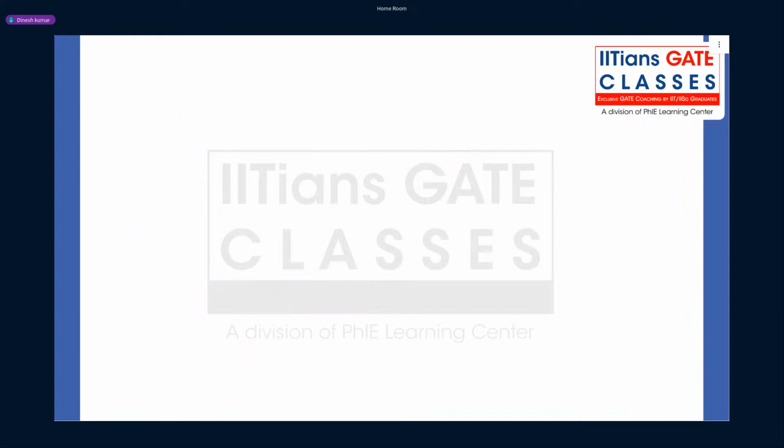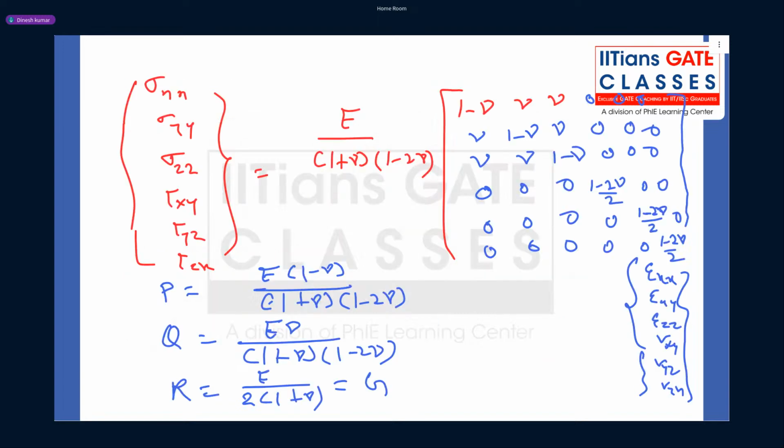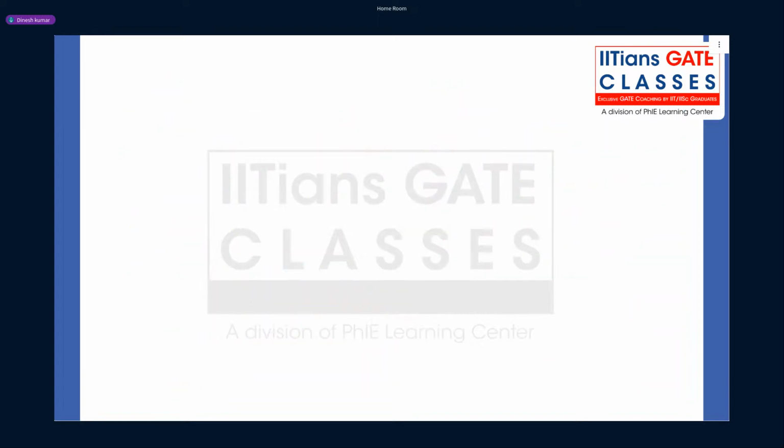Now guys, we have to find which is the correct relation among all. So guys, simply if you write P minus Q, what do you get?